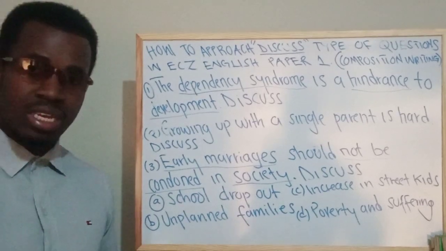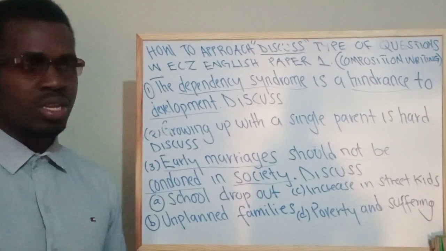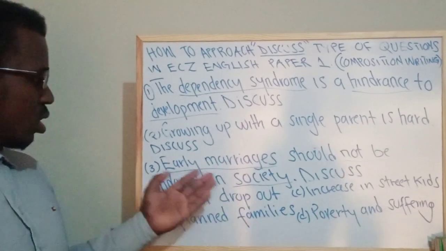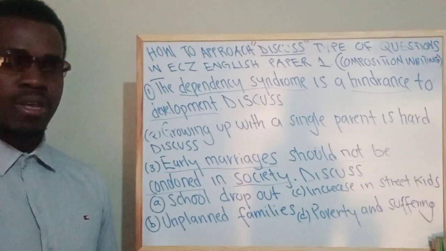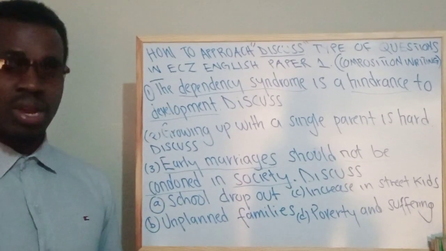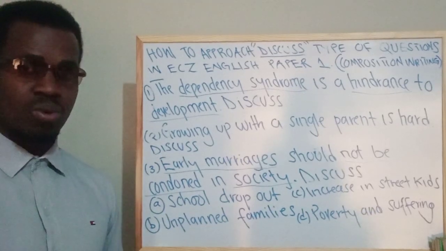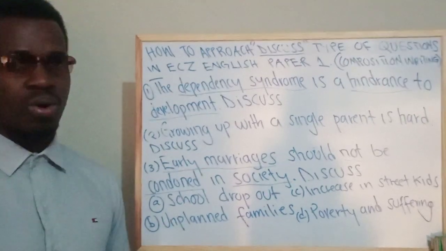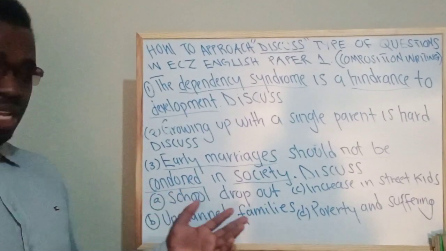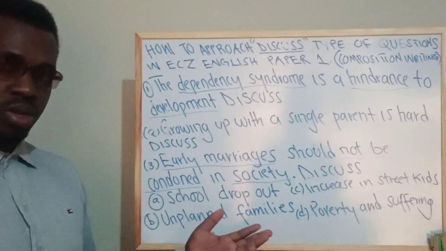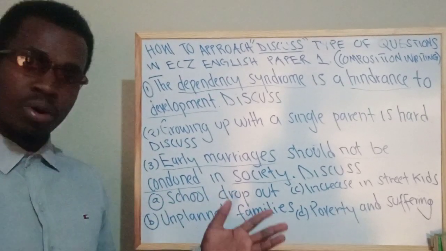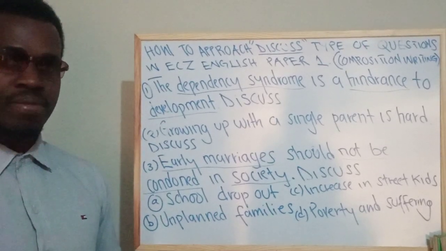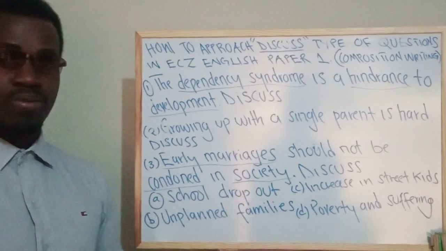It could be suspension, it could be expulsion, it could be some other kind of a challenge that may come up in order to handle maybe another pregnant child who is a girl in this particular case. Okay, being there for her, that's what we mean. Such kind of issues could lead to school dropout because both may not be allowed in school. Rather, they may be given some time to look after the pregnancy and so on and so forth.